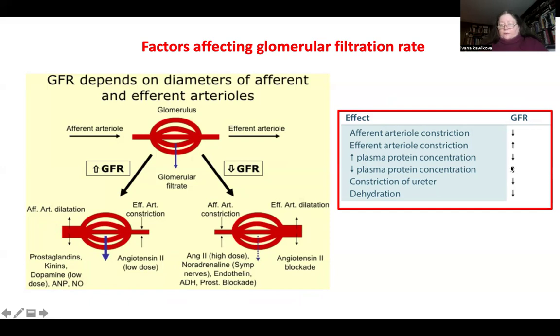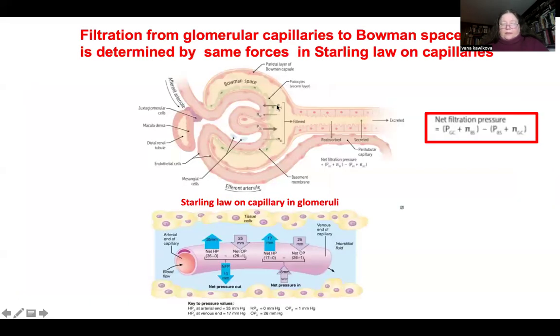The other two conditions that are not uncommon are constriction of the ureter. So, for example, if the filtrate flows through the nephron to the papillary, but now the ureter is somehow obstructed, the pressure in the tubular system increases, and so the hydrostatic pressure in the Bowman space will be enlarged.